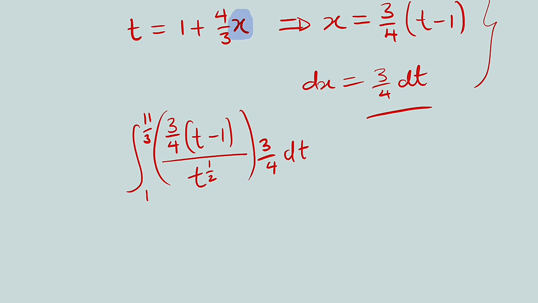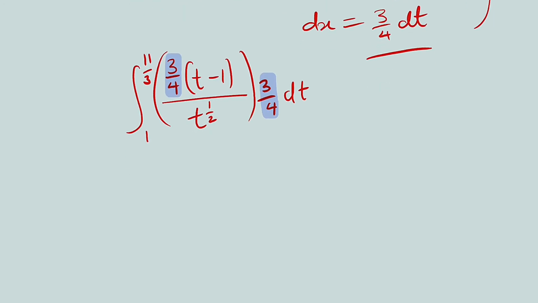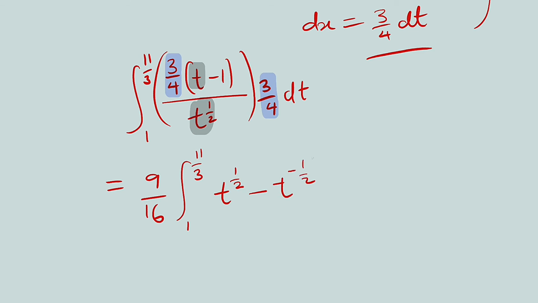To continue with our integration, let me factorize something here. You can see 3 over 4 multiplied by 3 over 4 is 9 over 16, so I can directly take it out. We have 9 divided by 16, the integral from 1 to 11 over 3. t divided by t to the power of 1 over 2 is the same thing as t to the power of 1 over 2. Then minus 1 divided by t to the power of 1 over 2 is t to the power of negative 1 over 2.